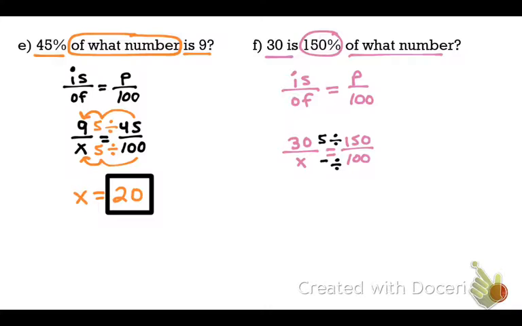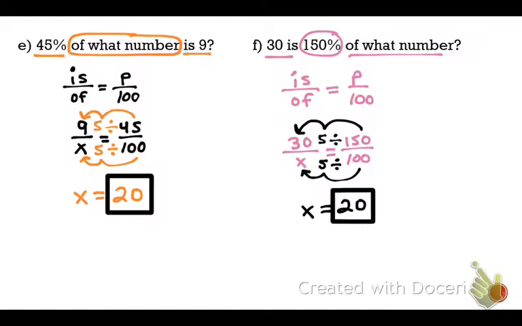So a lot of you did multiply by 5 and got the wrong answer. 150 divided by 5 equals 30. 100 divided by 5 equals 20. So the correct answer here, if I go back up here, it says 30 is 150% of what number? The number is 20. Okay, 2 thumbs up if you got that answer. Very good job. Let's go on to the next one.